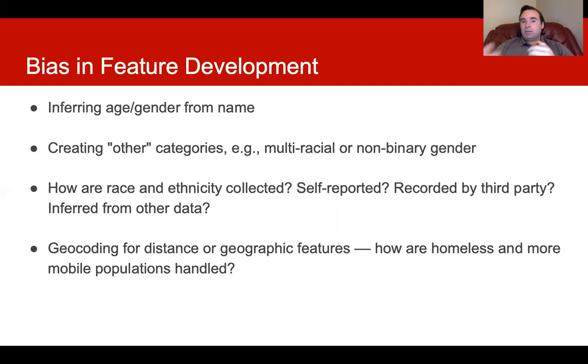And think about how you're binning data, creating categories, and how the data is collected. So be thinking about all those things in the context of your project, and we'll talk about this in a lot more detail on Tuesday.